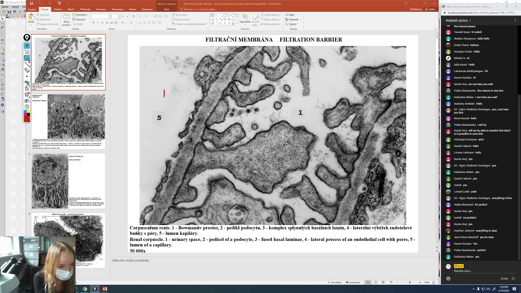Not K, but C, capillary. And a capillary on the other side. And you can see it right here, it is described as a lateral process of an endothelial cell with pores. And this is very important for the filtration membrane.